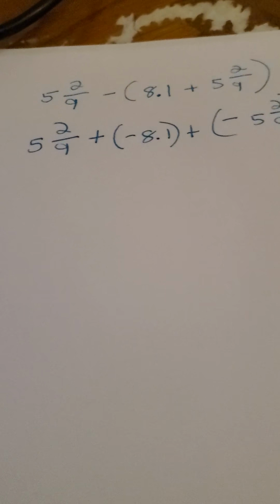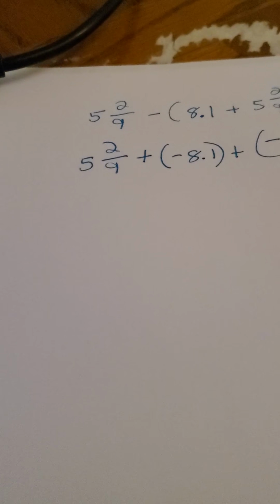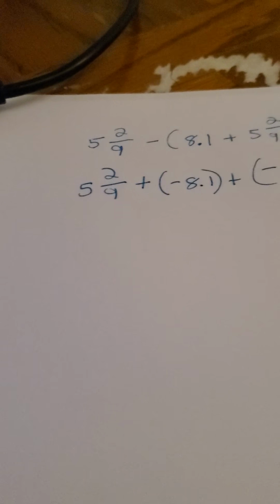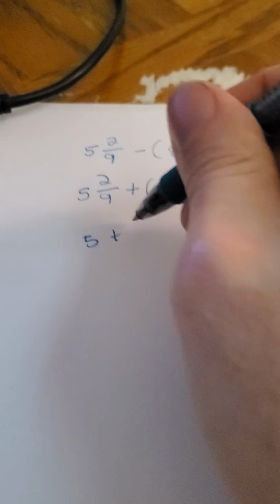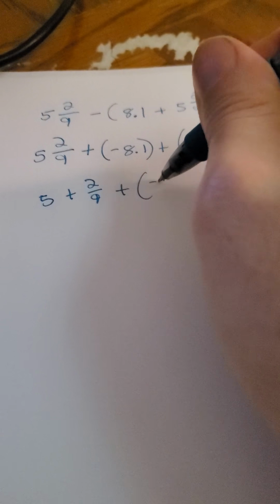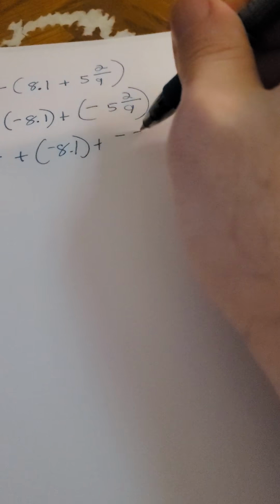You also can separate the whole numbers from the fractions, which we did in the last lesson. Instead of writing it as 5 and 2/9, you could write it as 5 plus 2/9 plus, parentheses, negative 8.1 plus negative 5 plus negative 2/9.